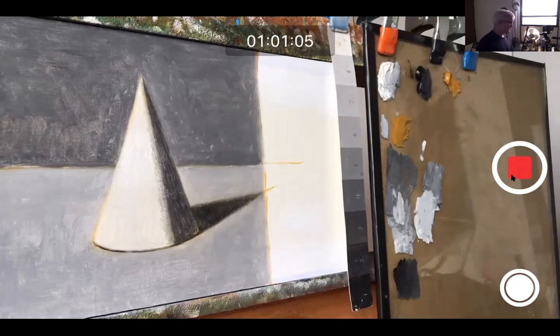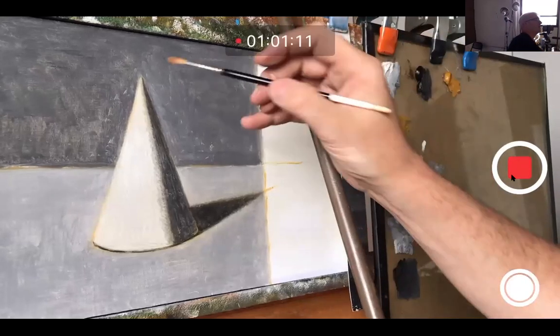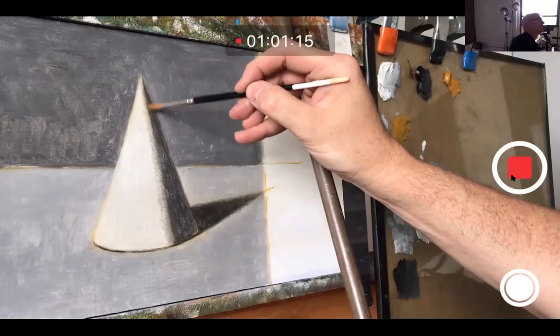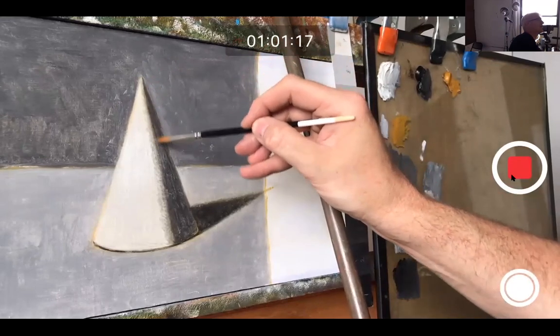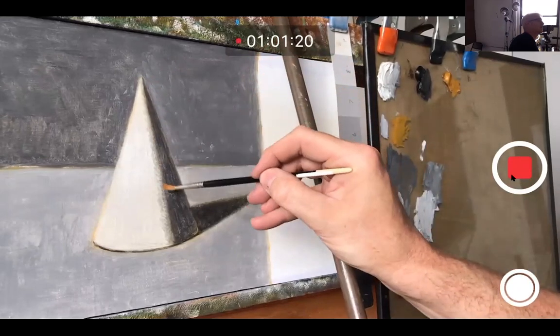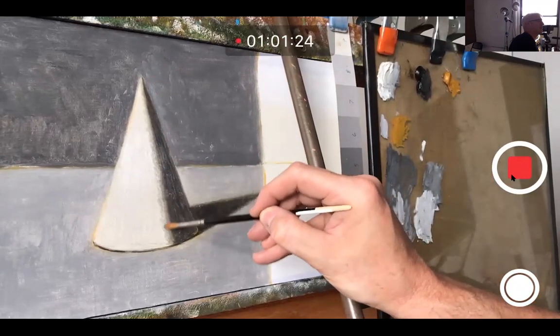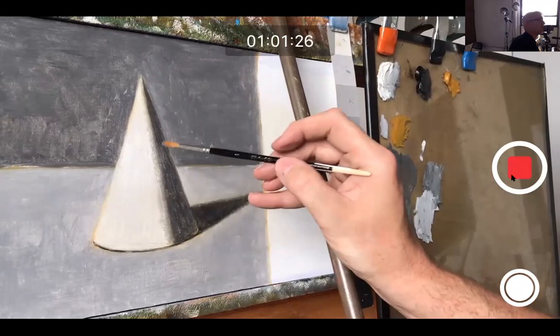There's a softness that does something like that. So I'm going to go back to my dry brush. I'll just use my dry brush to modify those tones a little bit.